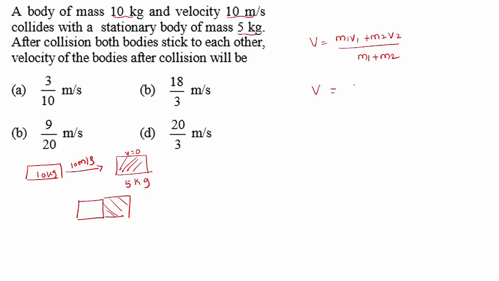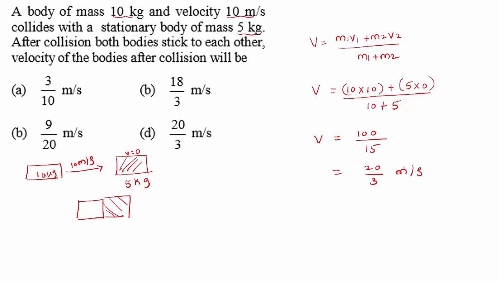V equal to mass of the first particle 10 kg times velocity 10 meter per second, plus mass of the second object 5 kg times its velocity 0 because it is at rest, divided by m1 plus m2, which is 10 plus 5. So V equal to 100 divided by 15, or 20 by 3 meter per second. So the velocity of the bodies after collision is 20 by 3 meter per second. That is option D.